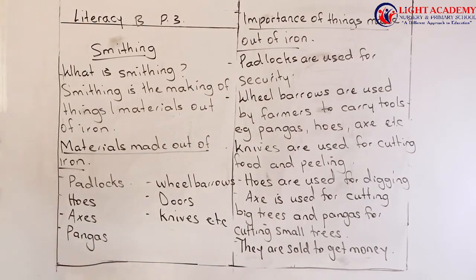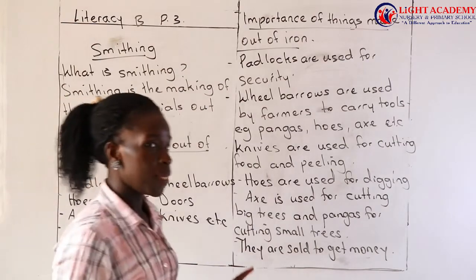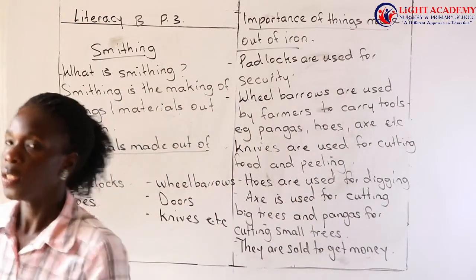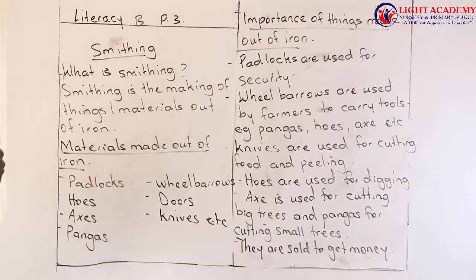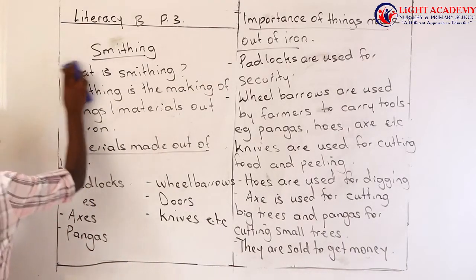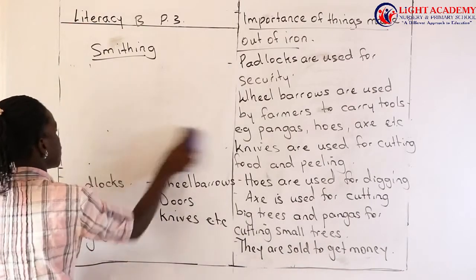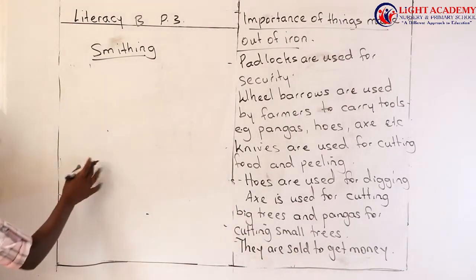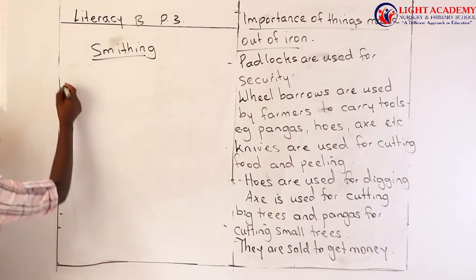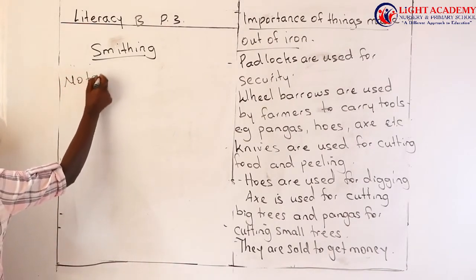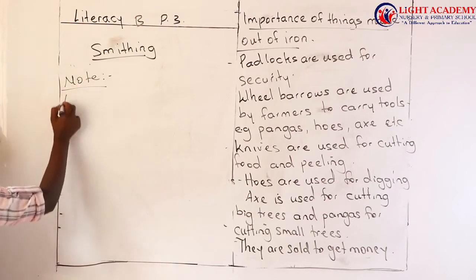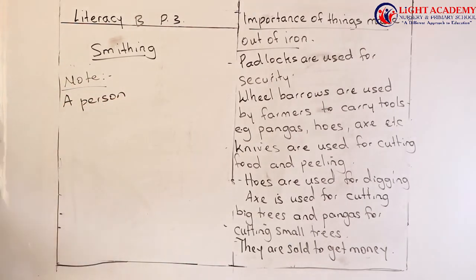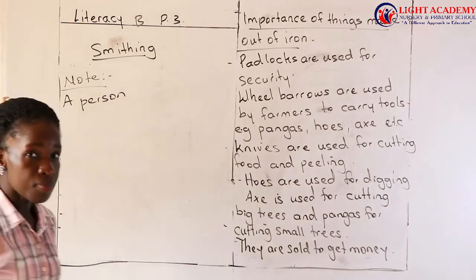Then lastly, remember last time we talked about the person who makes things out of iron. How do you call a person who makes things out of iron? Note that a person who makes things out of iron is called a blacksmith.